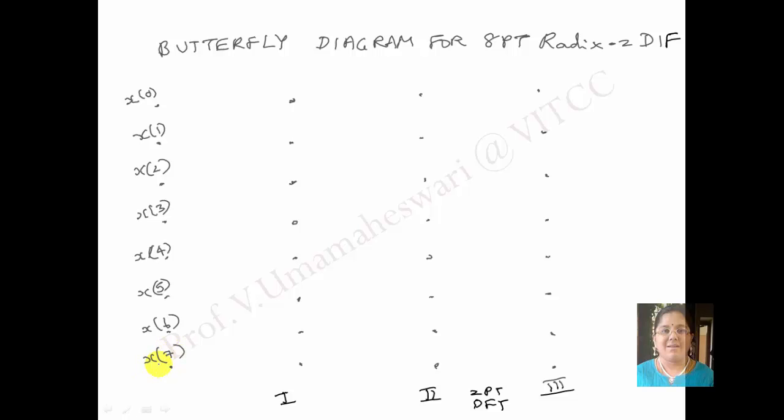Now after the first stage, what outputs will you obtain? A of n and B of n, right?